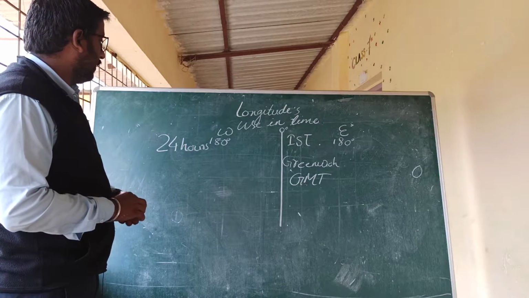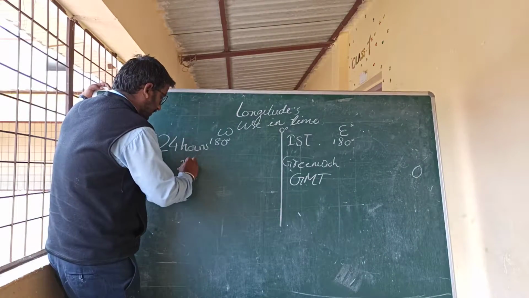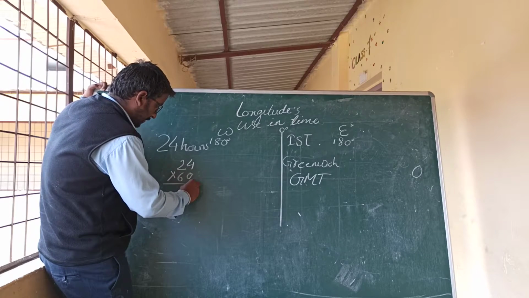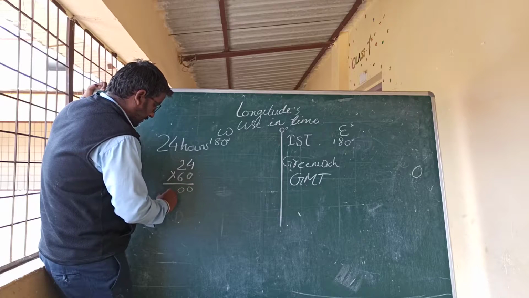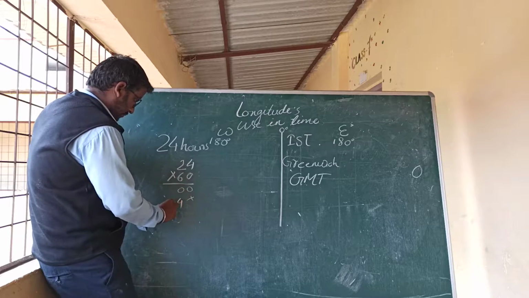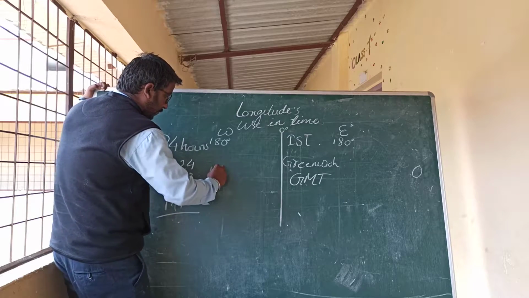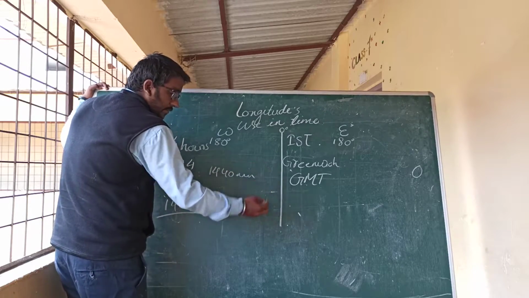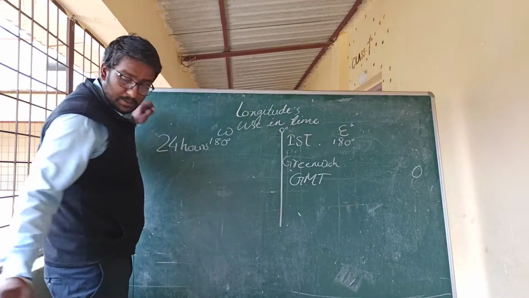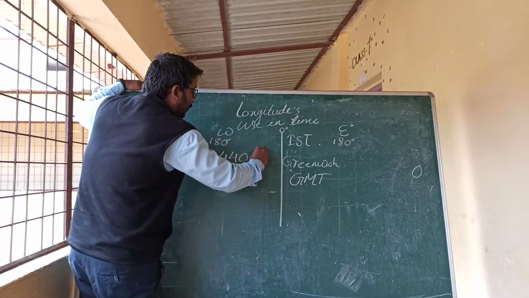If we divide it into minutes, since 1 hour has 60 minutes, it comes around 1440 minutes. So the earth completes one rotation in 1440 minutes.